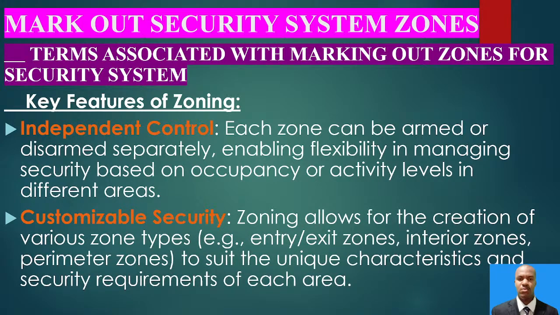Then it enables customization of the security system. Zoning allows for creation of various zone types, e.g. you can have the entry or exit zone, the interior zones, or the perimeter zones that suit the unique characteristics and security requirements of each area.